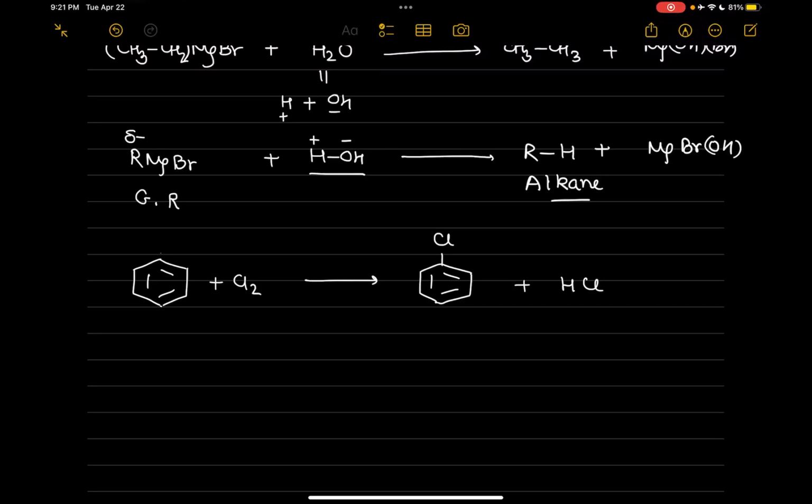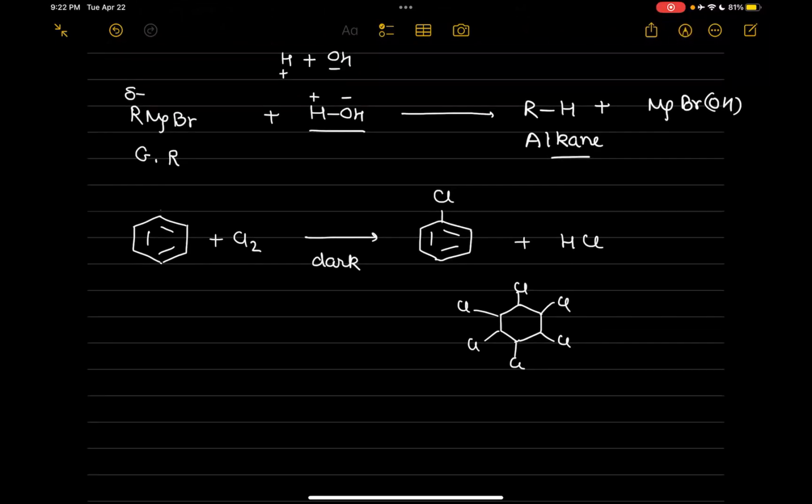Chlorination of aromatic rings, the benzene ring, takes place in dark. You don't take sunlight because with sunlight you are going to get this. This is hexachlorocyclohexane, gammaxane, which is used as an insecticide.